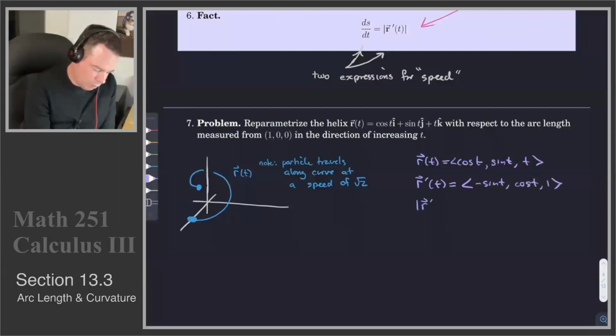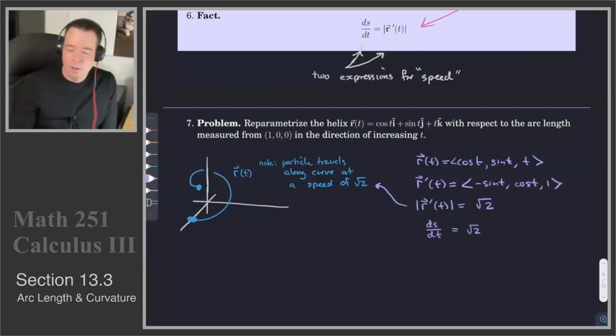The magnitude, which we've already computed, but we're doing it again here, is root 2. So that's really where that root 2 is coming from. But what does this mean? Well, in terms of the fact we have at the top of the page, this is ds/dt. So that's root 2. Okay, so that's the rate of change in our arc length with respect to time. So now what I can do is we can anti-differentiate.